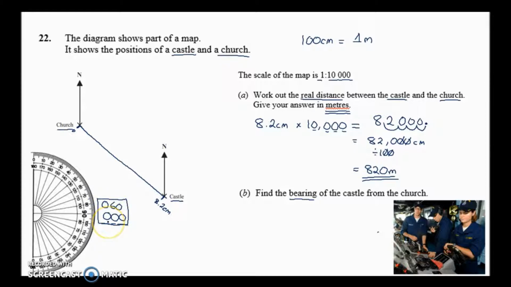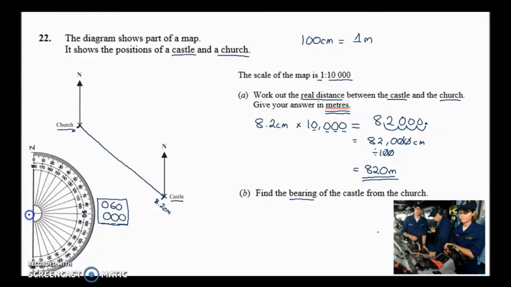So it's 3 figures, and also you must always measure from north. Start at north. It's telling us the north lines for both locations are here and here. We would always line up north with 0 on our protractor. So you'd move your protractor up to here and line up the north line with your 0 line.